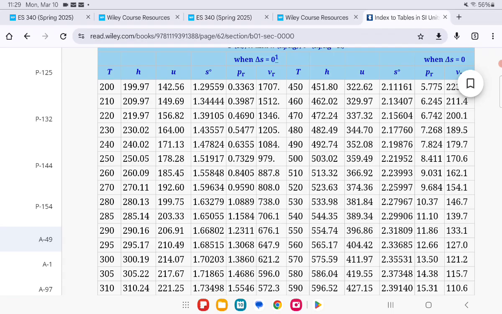So be mindful that S circle is not S, but that's 1.70203 kilojoules per kilogram Kelvin. And obviously our temperature was 300 Kelvin. And the question is what is the second pressure here?